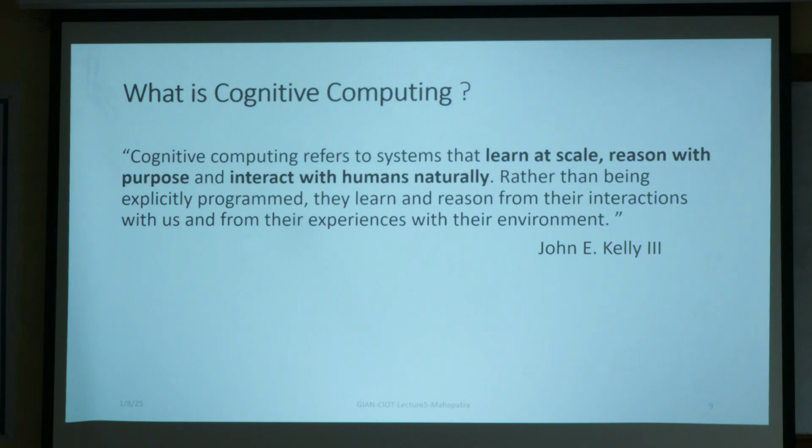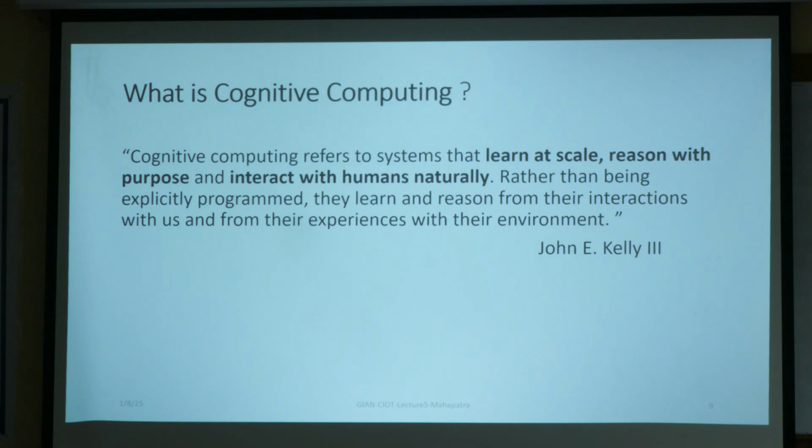So what is cognitive computing? Cognitive computing refers to a system that learns at scale, reasons with purpose, and interacts with humans naturally. Simple, okay? Learning at scale means it's not that it learns this much and that's all. It learns and learns and learns, and expands its scope. Reasoning with purpose means not in a random way, but for clear reasons.